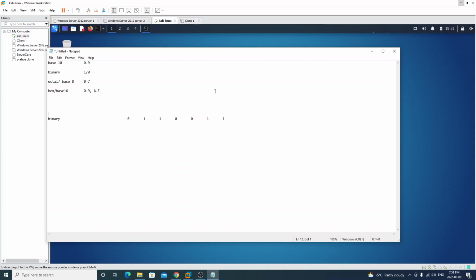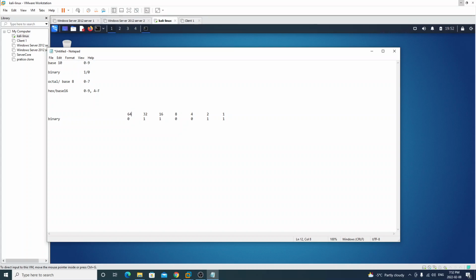Well, the way binary works is it multiplies by 2. So for every number, you get 2. And we read it from right to left. So we'll say 1, 2, 4, 8, 16, 32, and 64.